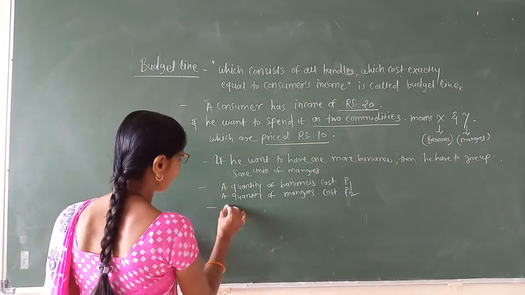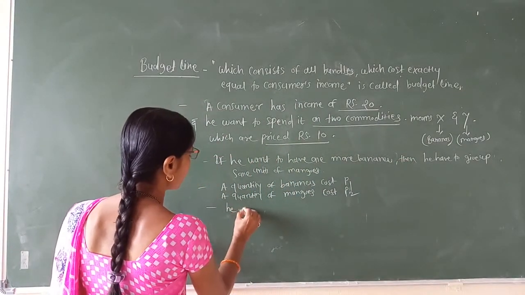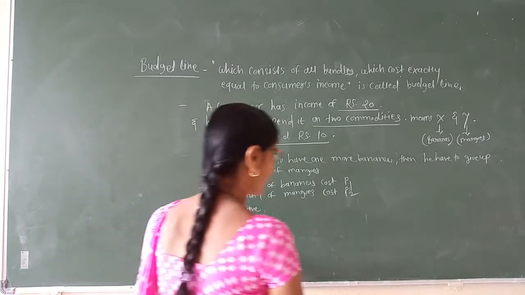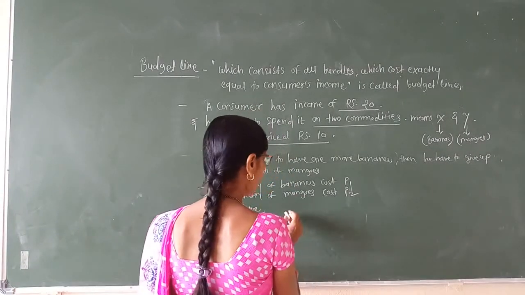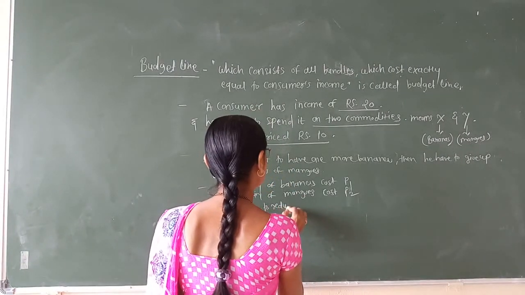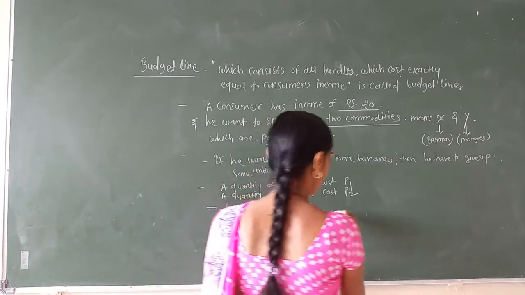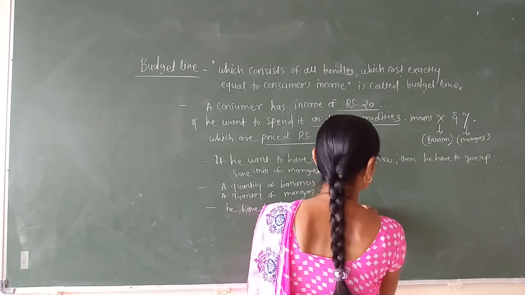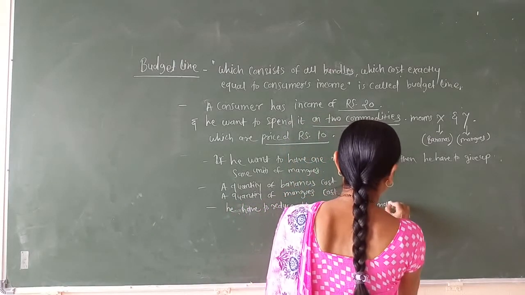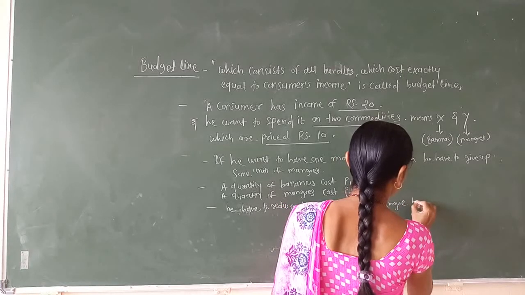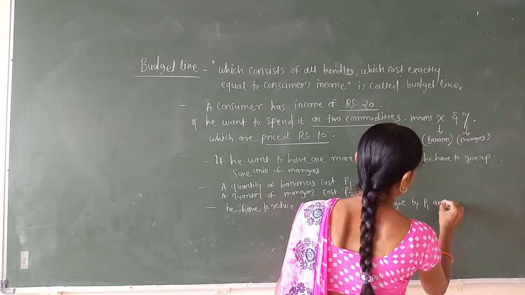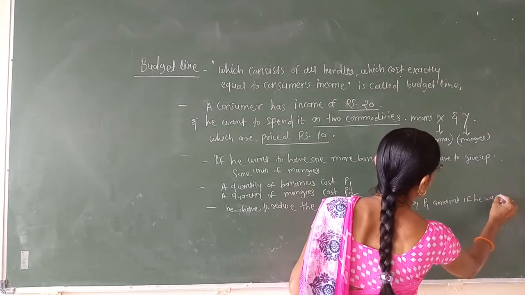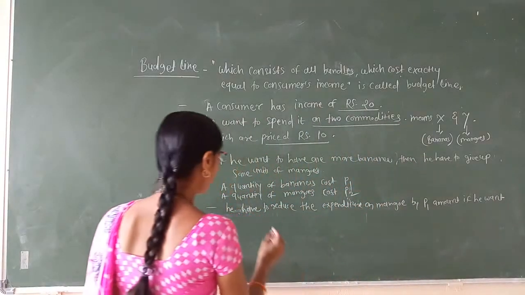Therefore, a consumer has to reduce the expenditure on mango by P1 amount if he wants more units of banana.